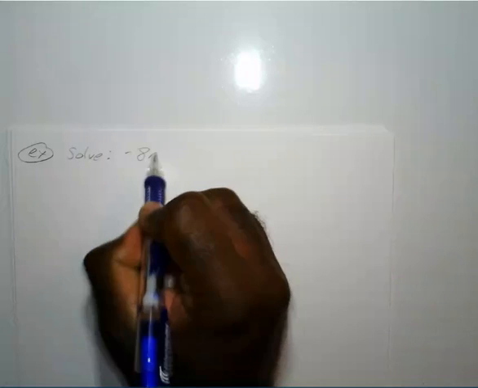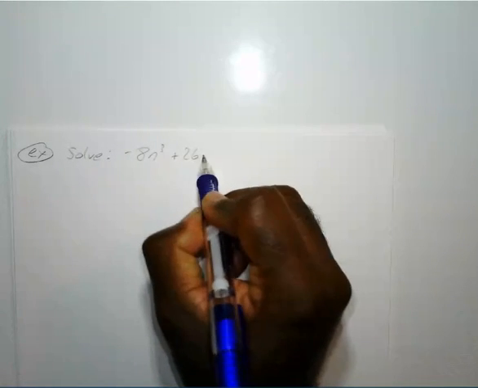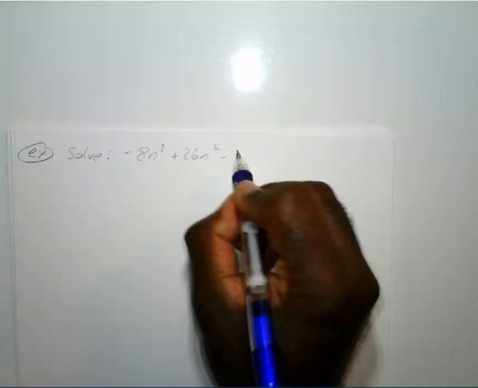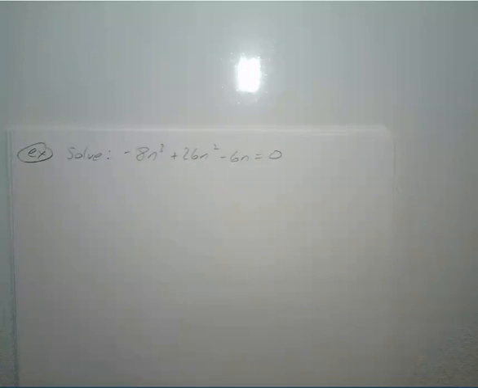Okay, so let's say, for example, we want to solve negative 8n to the third power plus 26n squared minus 6n equals 0. Which is pretty similar to, which example was that?